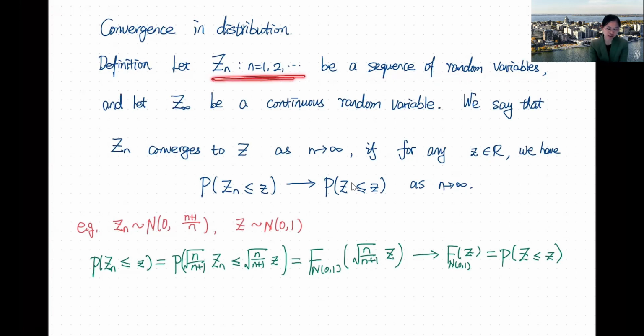So this is not a sample from some underlying distribution. This is just a sequence of random variables. And let Z, without the subscript, be a continuous random variable.